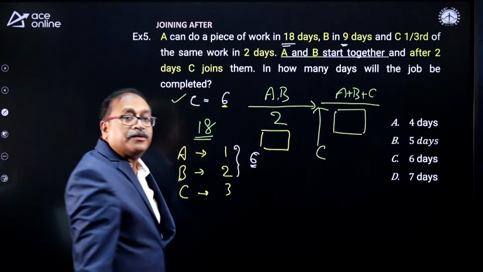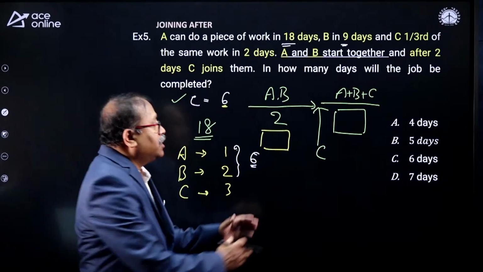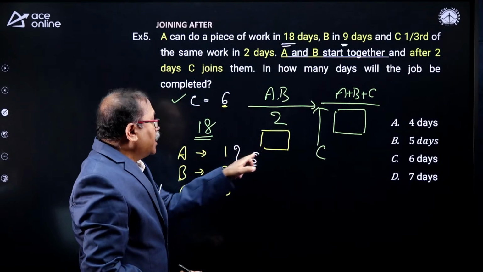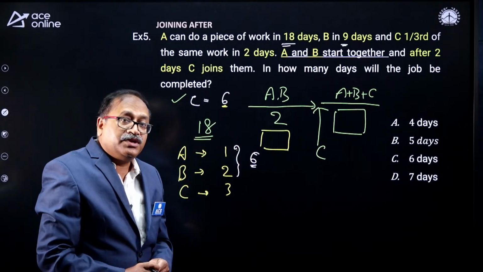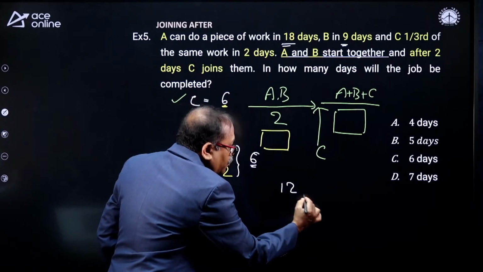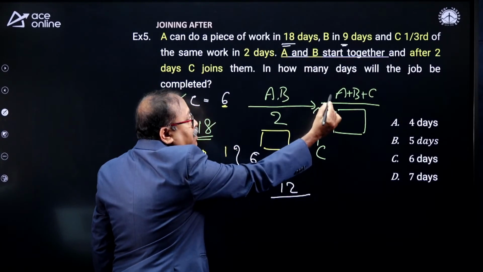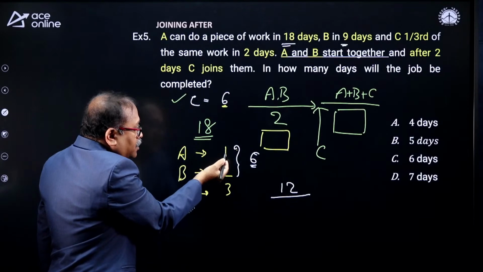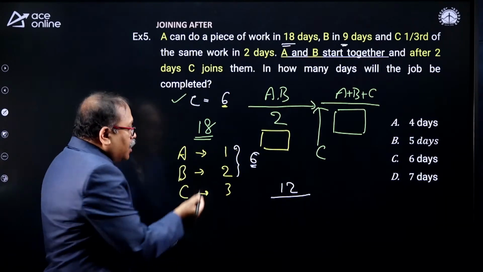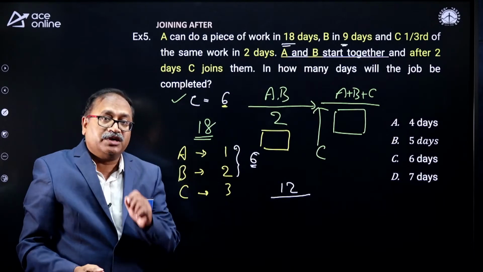How many units are left for this group? Total 18 minus 6, that's 12 units left. So who will do these 12 units? A, B and C. If I take A as 1 unit, B as 2 units and C as 3 units, the total sum is 6 units per day.